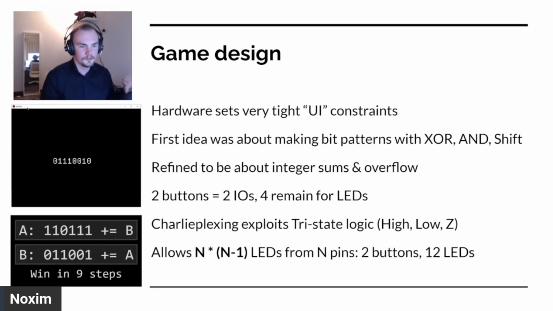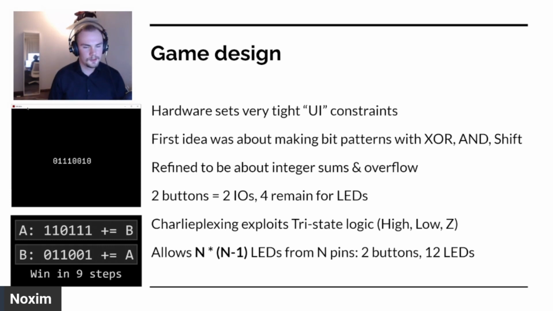I used Macroquad. It's really helpful. I made my first prototype in like 5 minutes. It's just showing a bit pattern, and then you had a couple of buttons that you could press that would perform a bit operation on that random bit string. And the goal was to get all of them to 0 or get all of them to 1. It was okay.